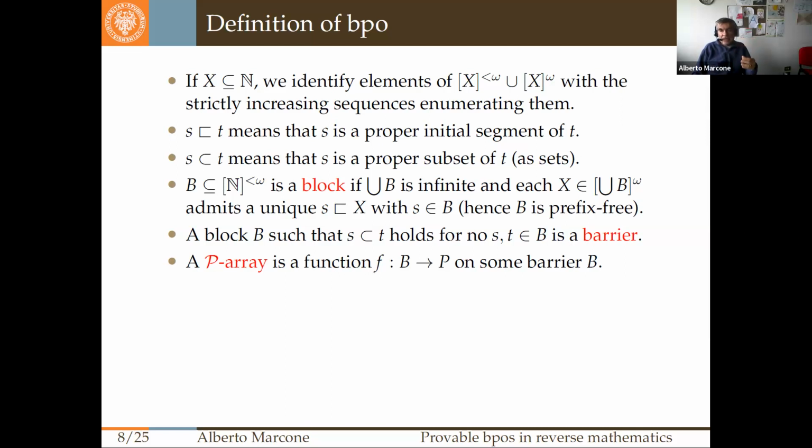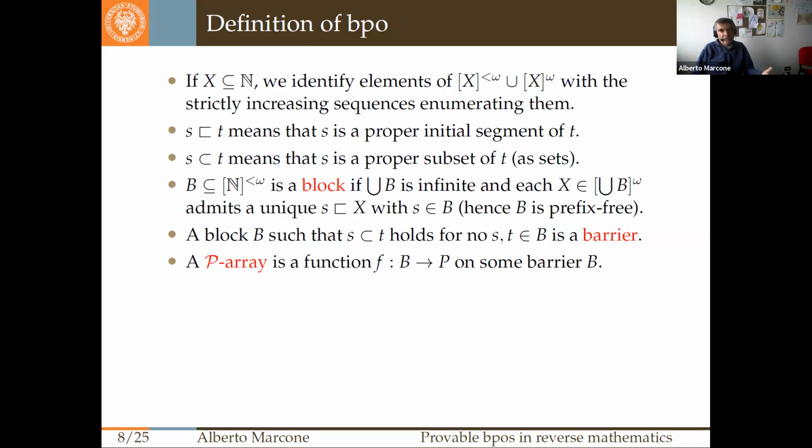And a P array is a function that goes from some barrier into P. So it's like a sort of sequence of elements of P, but indexed by a barrier. Let me point out that among all possible finite subsets of N, there are the singletons. If you look at the collection of all singletons, this is easily seen to be a barrier.